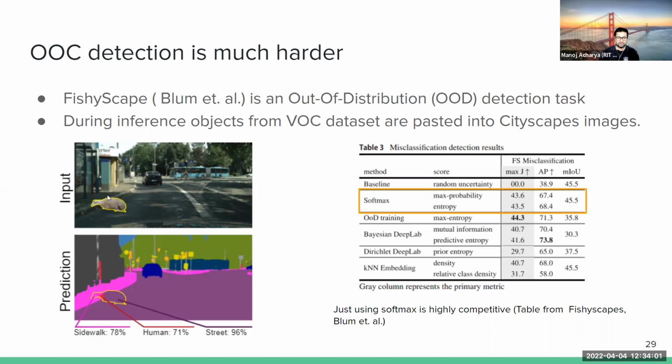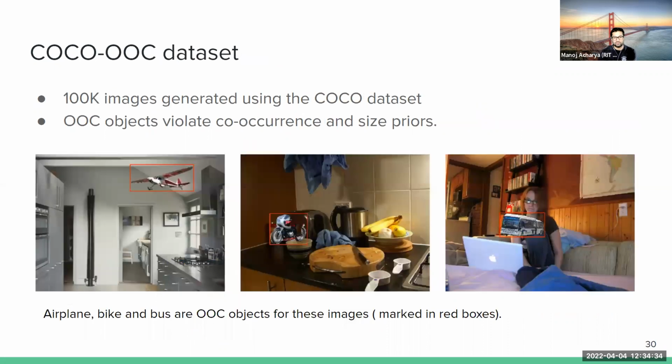So for this, VOC objects are out of distribution object categories. Here I would like to point out one of the results from the paper by Bloom et al. What they found was that even a softmax baseline is really competitive with some of the state-of-the-art approaches, which are really complicated methods. So even the simple softmax baseline is working well.